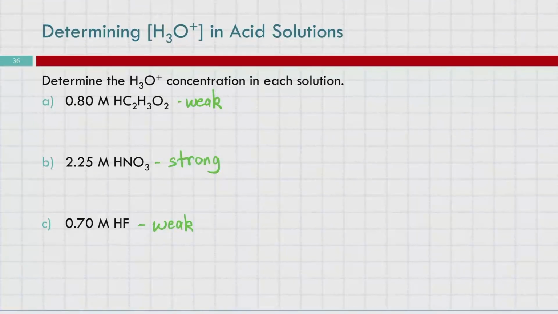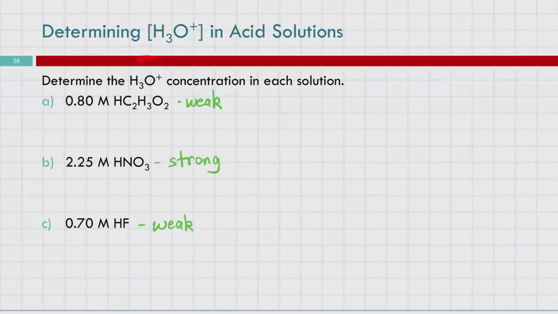You can thank your lucky stars that we are not doing calculations to figure out the actual concentration of ions in weak acid solutions, unless you go on to take Chem 2, in which case you will. But we're not going to do that, so we're going to talk about them as being less than or greater than a concentration.